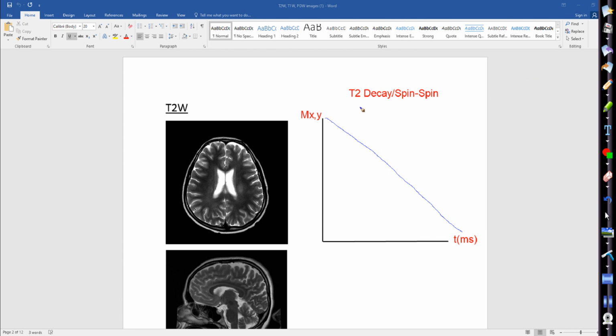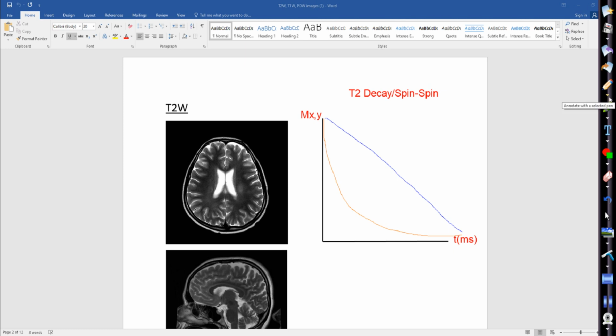It's giving off energy to its neighboring spin very inefficiently because it's a free-flowing molecule. So it's not giving off energy to its neighboring spin as easily as fat. And I'm going to do orange because yellow will be hard to see. So fat loses signal almost exponentially very quickly down to 0.